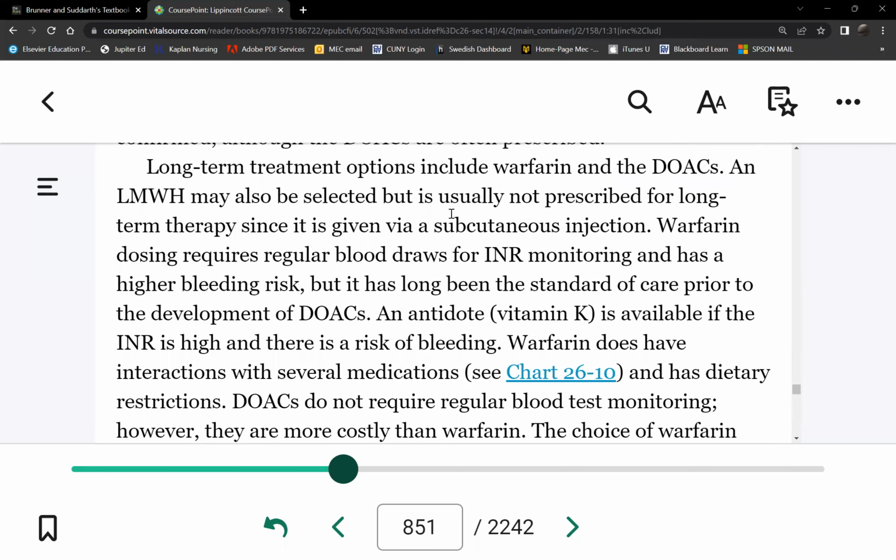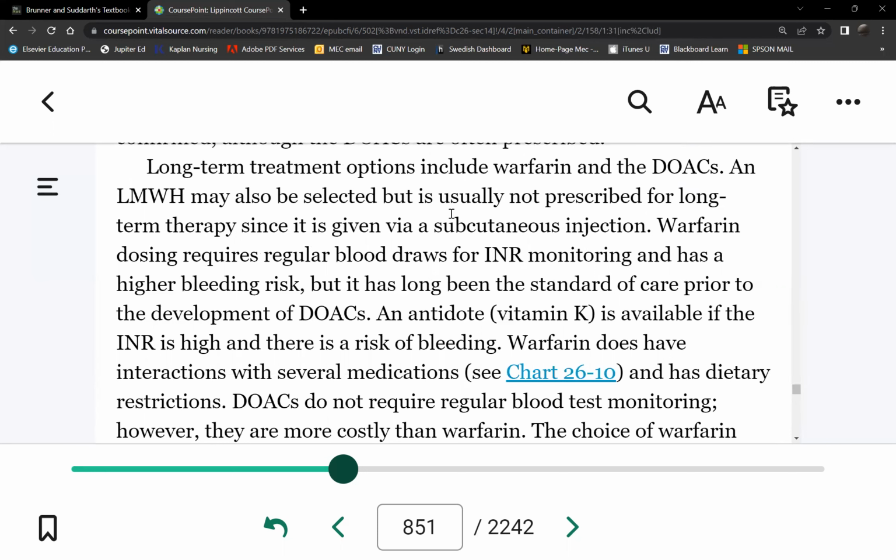As to the choice of which anticoagulant to use, our only responsibility is to be specific to what is ordered by the doctor. Nurses are not the ones deciding which one to place the patient on. So our job is to teach the patient based on what anticoagulant they are on. What are the restrictions again for heparin?